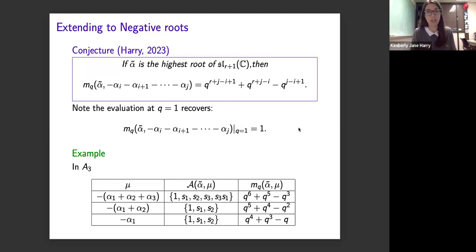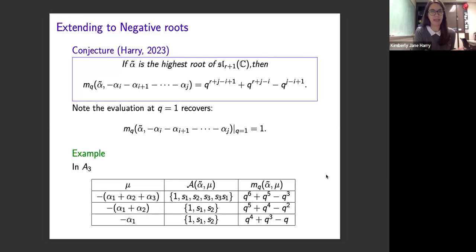So this conjecture says, okay, if we have my highest root in SL_{r+1}, and I'm looking at a negative mu, or a negative root, I get this q-analog. And here's a little bit of an example of how we can see this conjecture working out.